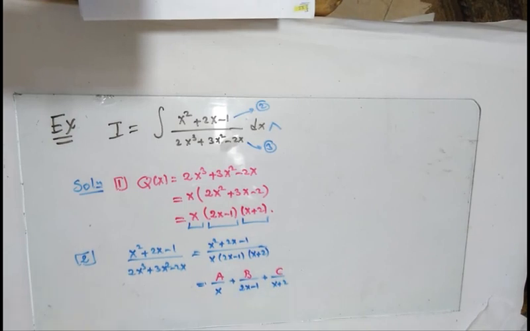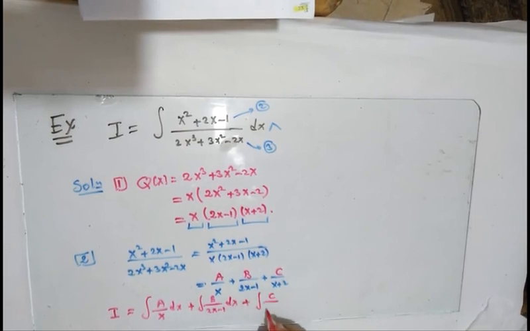Okay, and actually now as an integration, if you want to integrate this function, it's easy to integrate these 3 functions. Okay, so if I want to calculate I, so I will be the integration of a over x with respect to x plus the integration of b over 2x minus 1 with respect to x plus the integration of c over x plus 2 dx.